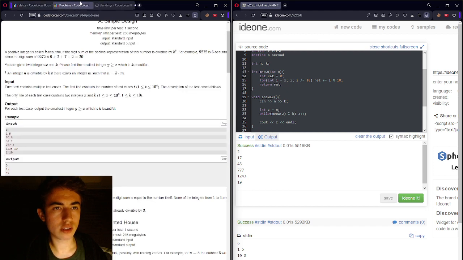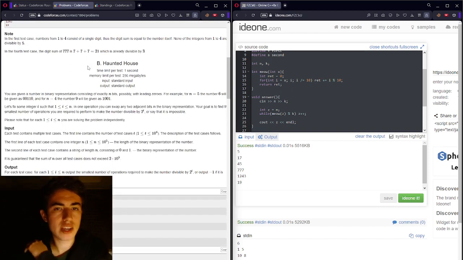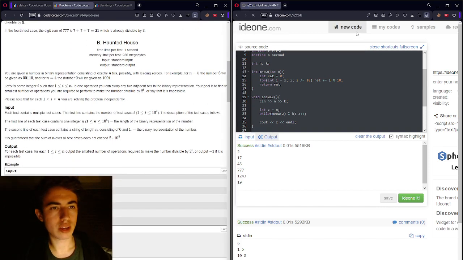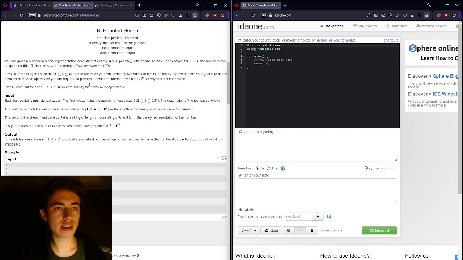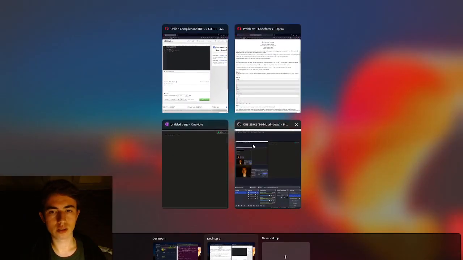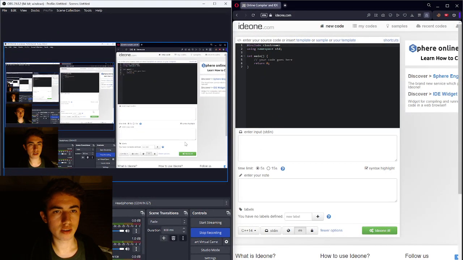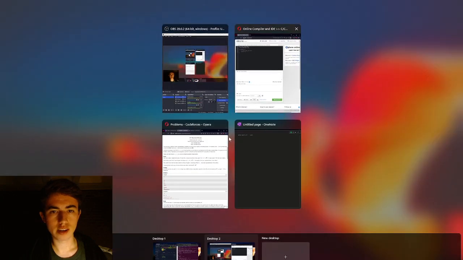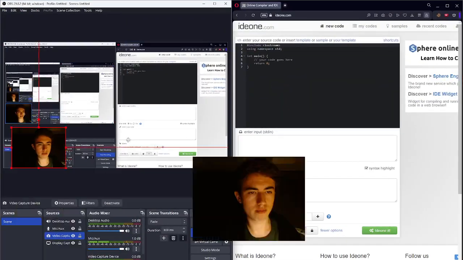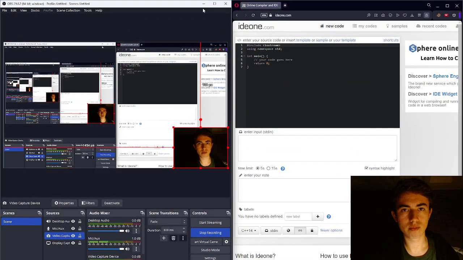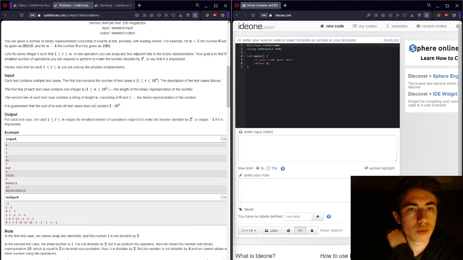Alright, let's go to the next problem, which is B, haunted house. We're given a binary representation, which is 10 bits. Let me make sure this is looking good. Sorry. Anyway, what do we want to do?